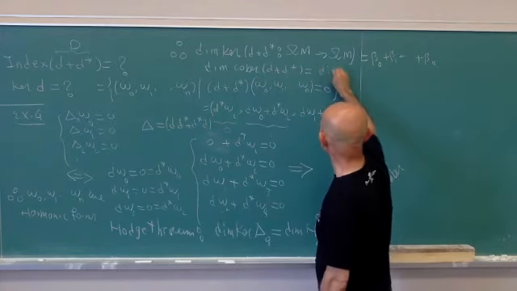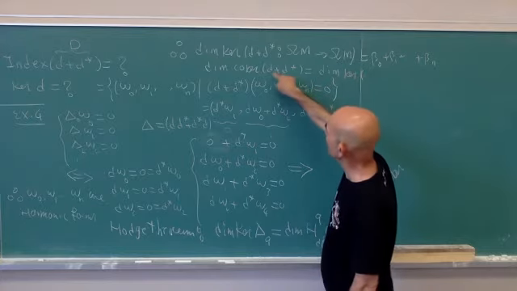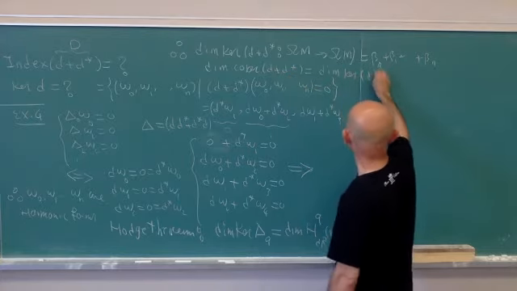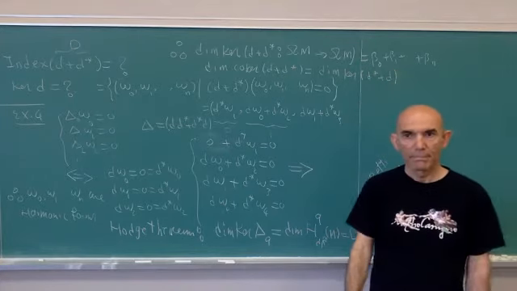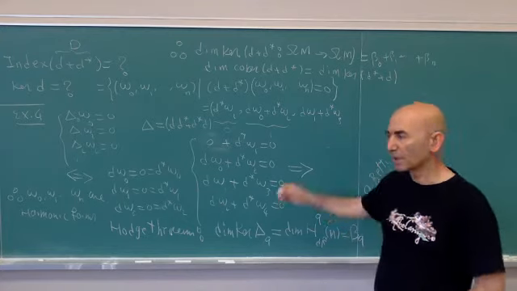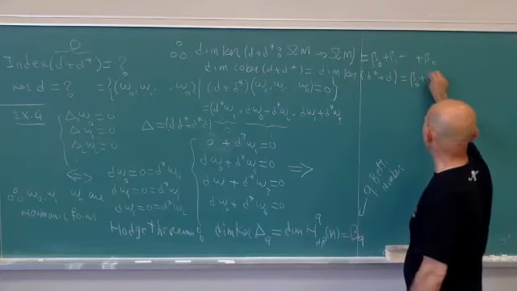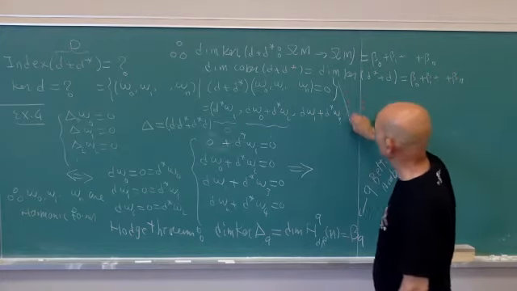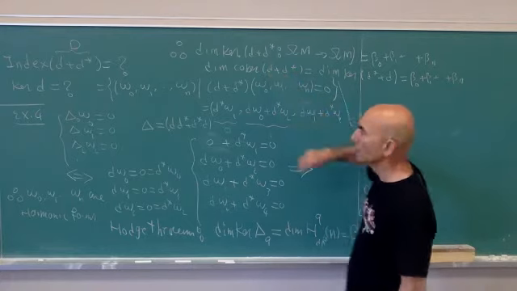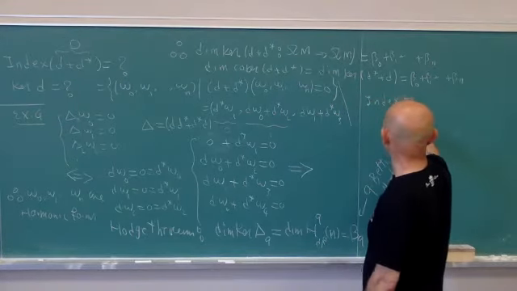This is equal to the dimension of the kernel of the adjoint of this, but the adjoint of this operator is really D star plus D again. The adjoint operation has this property. So again, this is equal to beta 0 plus beta 1 plus beta 2 and so on. So when you subtract the two, you get that the index is equal to 0.